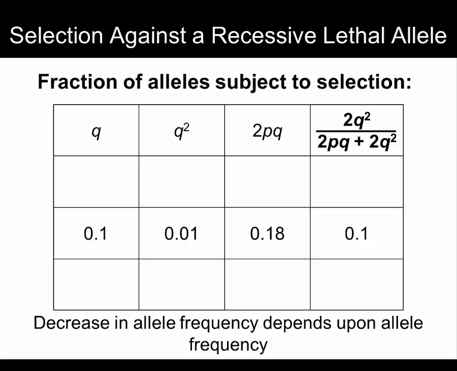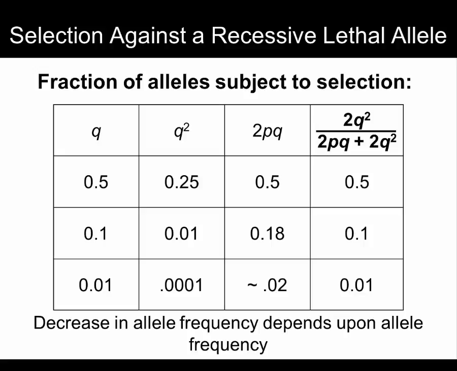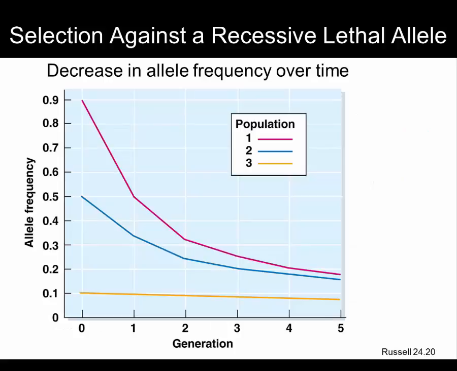So the fraction of lost alleles is 2q squared divided by 2pq plus 2q squared, which is 0.1, the 10% decrease we just saw. When q is initially 0.5, 50% of recessive alleles are lost due to selection in a single generation. But when the initial q equals 0.01, only 1% of the alleles are lost. Interestingly, note that the decrease in q over a generation is equal to the initial q. So for a recessive lethal allele, the allele frequency decreases over time.